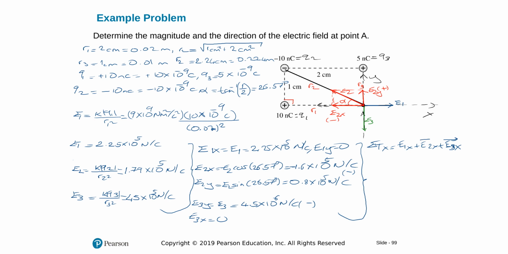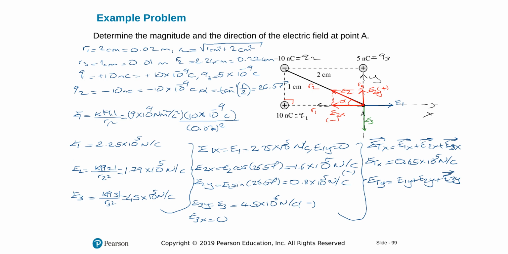We add them, of course, as vectors, so minus and plus signs we'll take into account, and from there we should find E total x to be equal to 0.65 times 10 to the 5 Newton per coulomb.